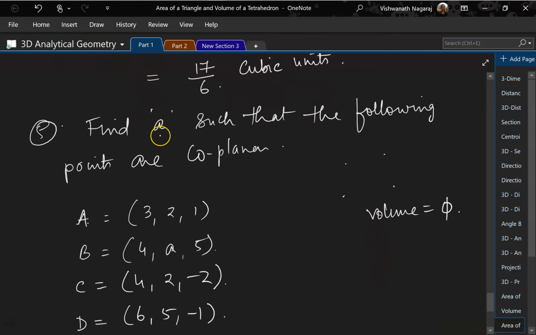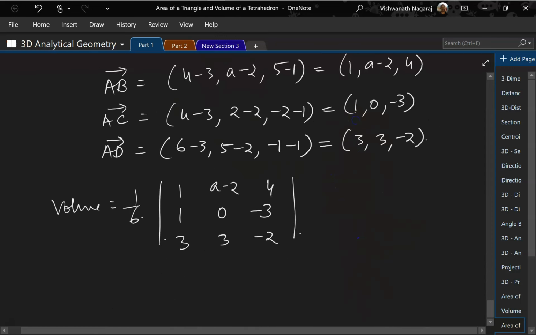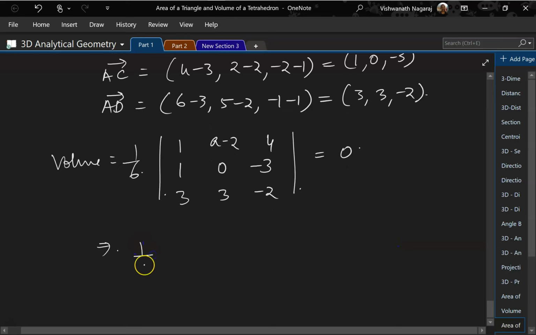What we have been asked to do is to figure out a such that the points are coplanar. That means volume has to be equal to 0 for it to be coplanar. So, 1 by 6 times the determinant. Now we have to figure out the determinant.